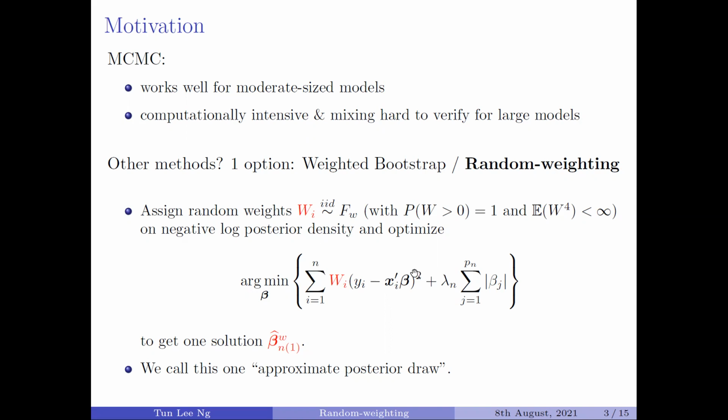Suppose we take the negative log posterior density as before. We're going to draw independent random weights from a distribution with positive and finite support and with finite fourth moments. And we're going to assign these weights on this objective function and optimize it to get one set of solutions. We call this one approximate posterior draw.